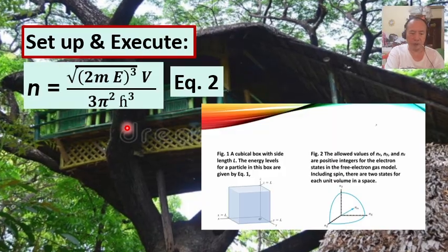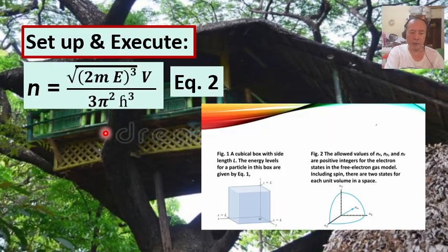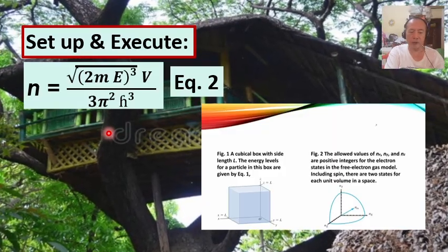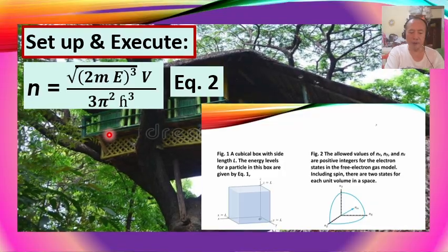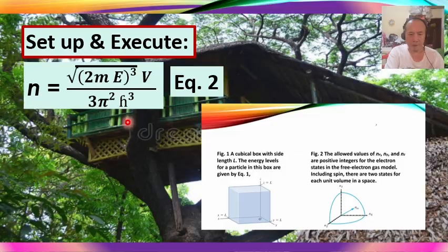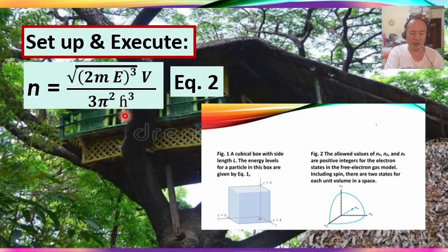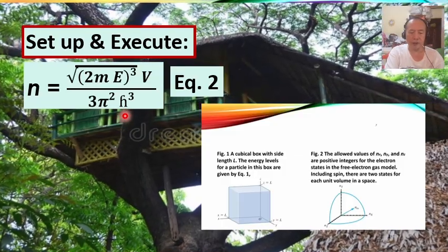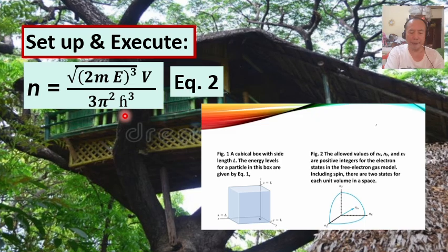So in this equation, small m refers to the mass of the electron, and of course, h bar is the reduced Planck's constant, or Planck's constant divided by 2 pi.